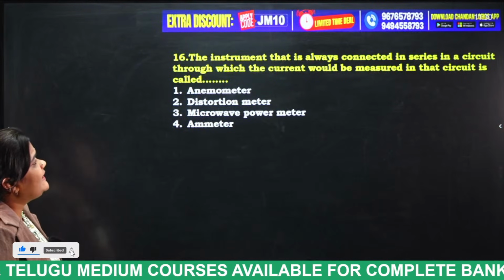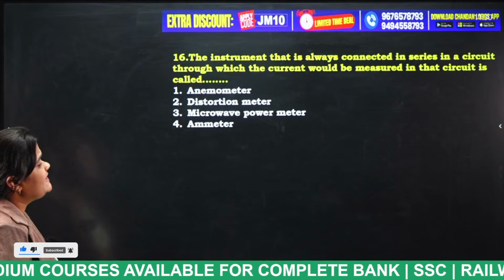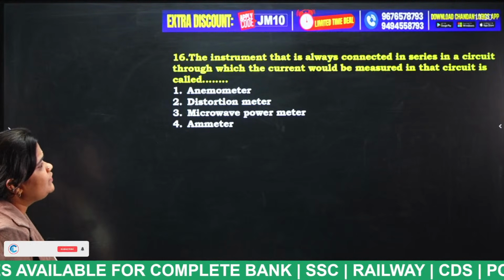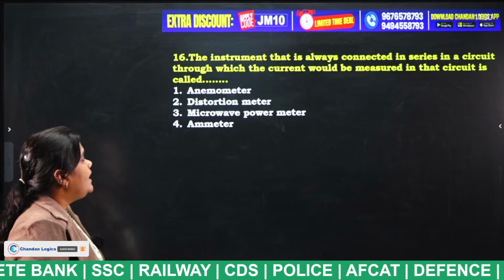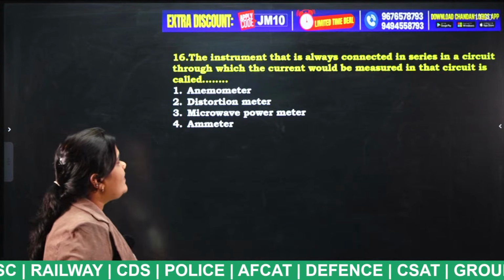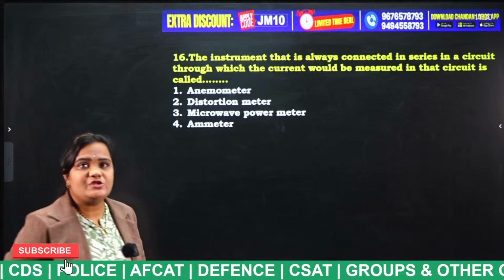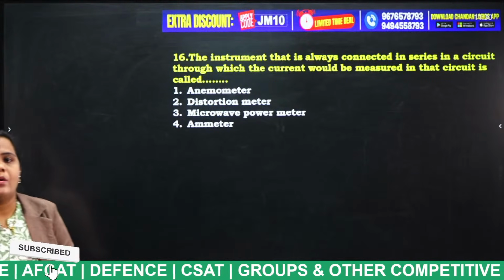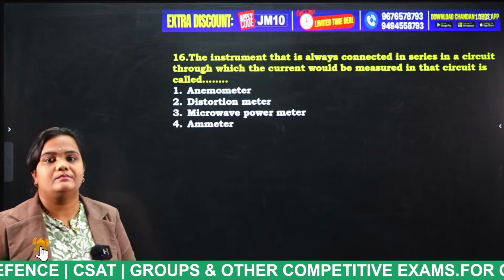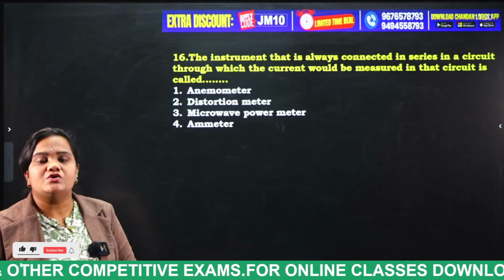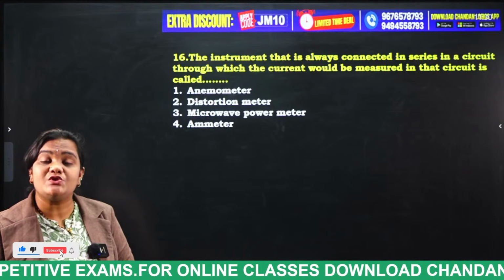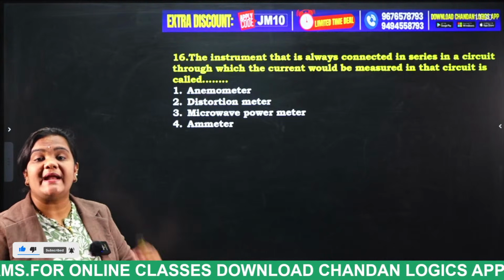The instrument that is always connected in series in a circuit, through which the current is measured, is called: anemometer, distortion meter, microwave power meter, ammeter. Tell me, students, what is the answer? Ammeter is always connected in series.